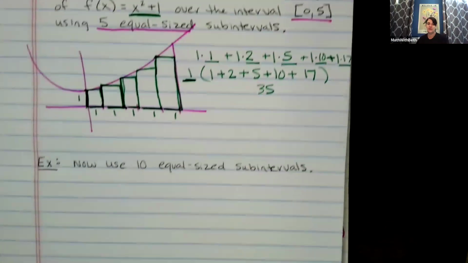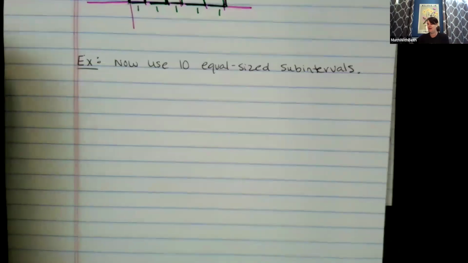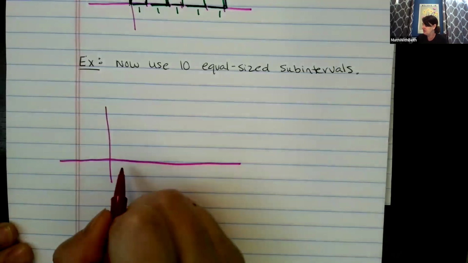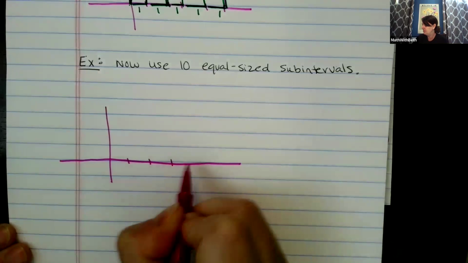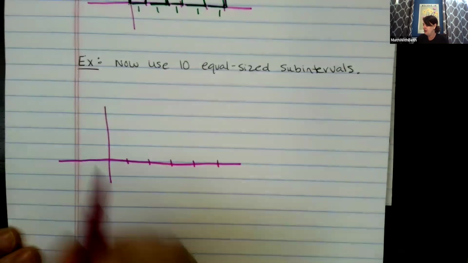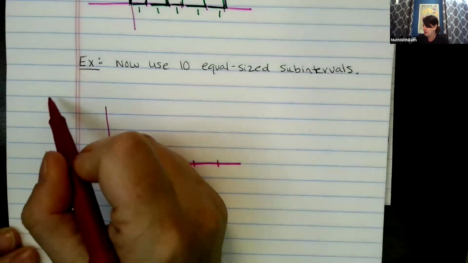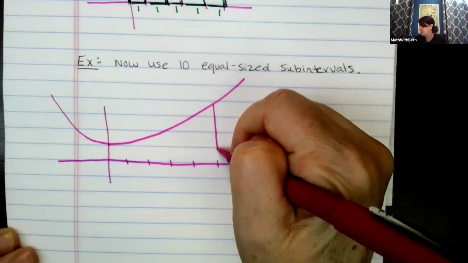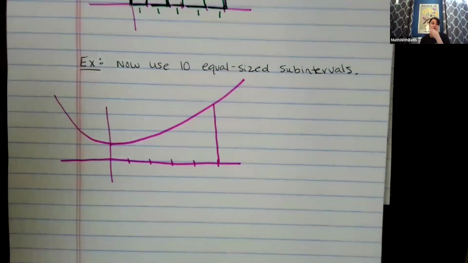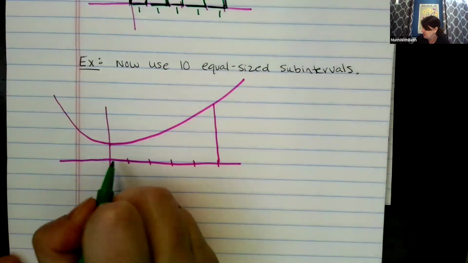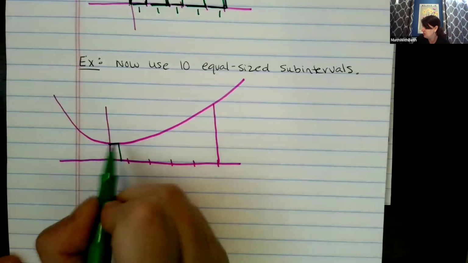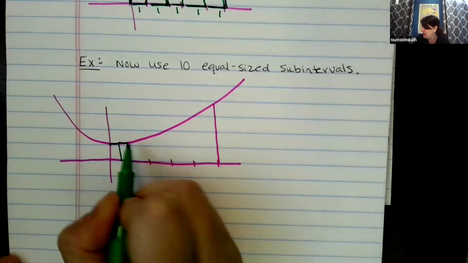Now it's going to ask me to do the same thing, but with 10 equal size subintervals. So I'm still going from 0 to 5. I still have the same shape because we're still using the same equation. The only difference is they want 10 rectangles. So starting from the beginning, that's going to make me just go to 0.5 each time.